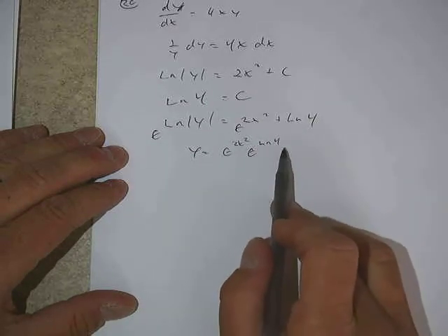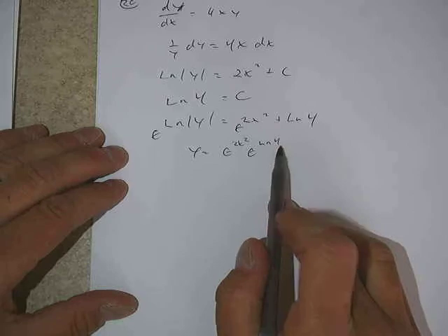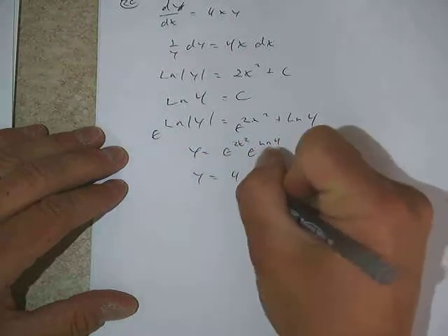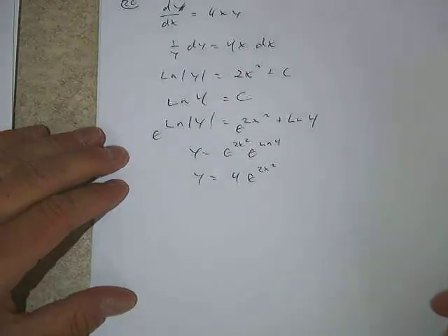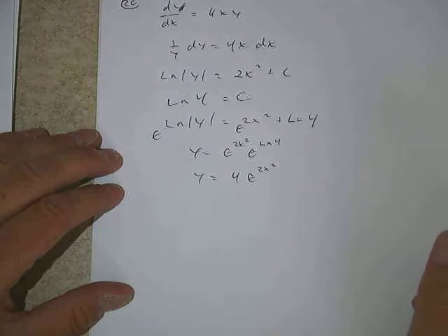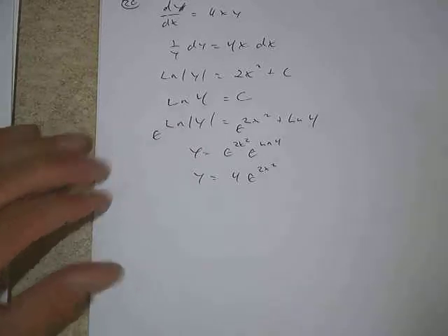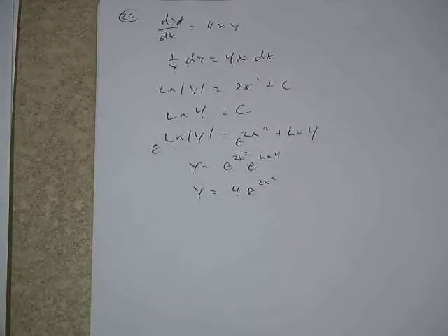Remember, e times e, we'd add the power, so we can unadd them back to this step if we so choose. And we always want to do that, especially if we have some kind of natural log in the argument here, because ultimately a natural log and e are going to cancel each other out and just give us a 4 here. So it'll just be simply 4 e to the 2x squared, which corresponds with letter C.